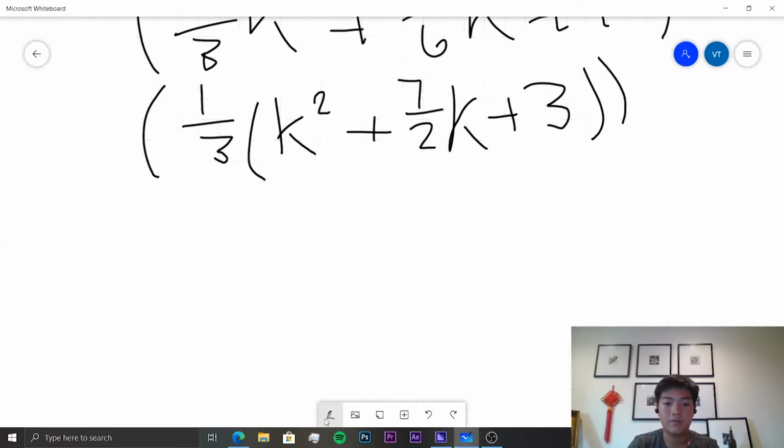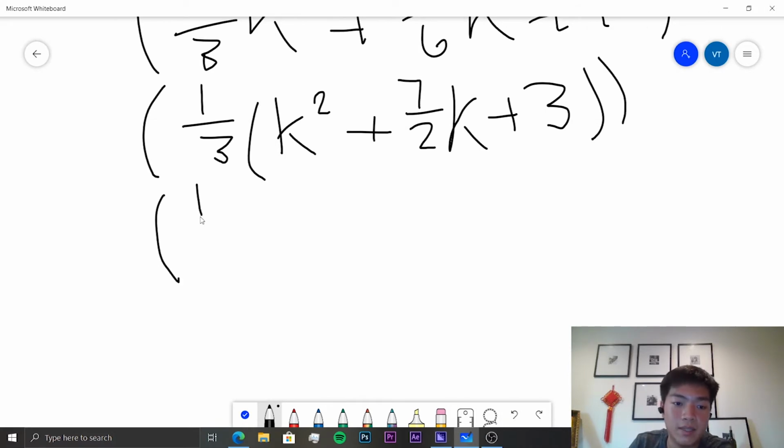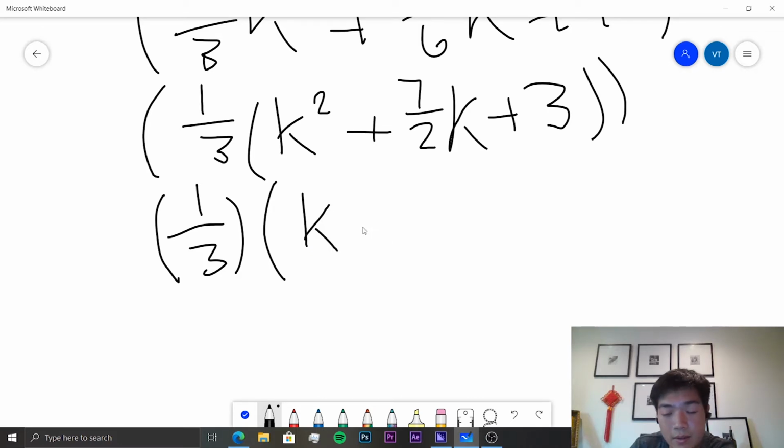And of course, if we factor this, this will be equal to 1/3 times k, 7 over 2, 3, this would be 1.5 and 2, and 1.5 is 3 over 2.